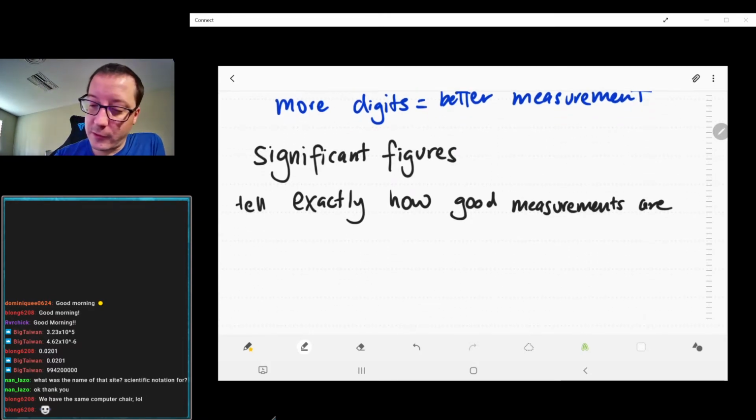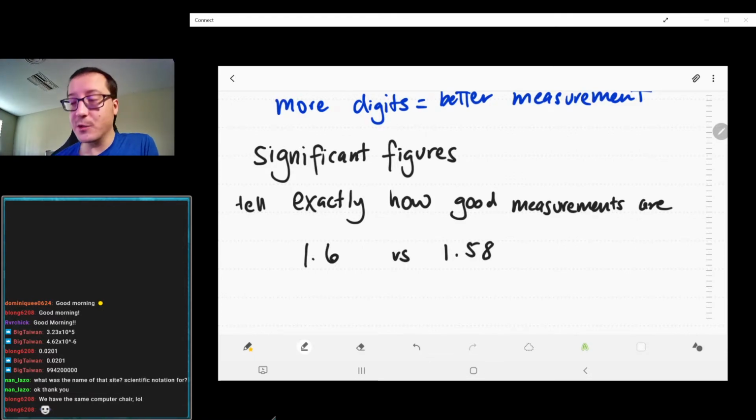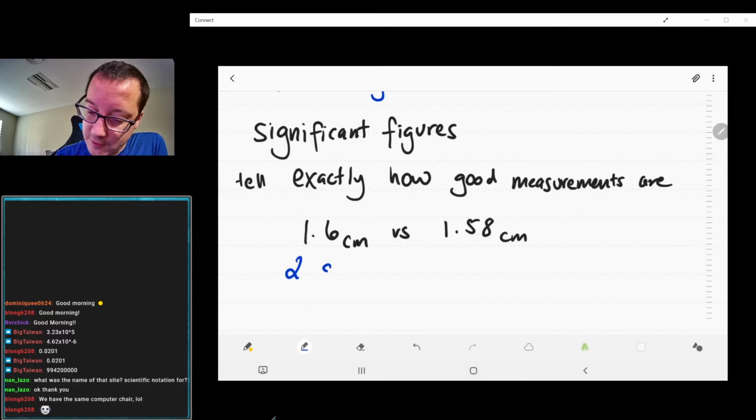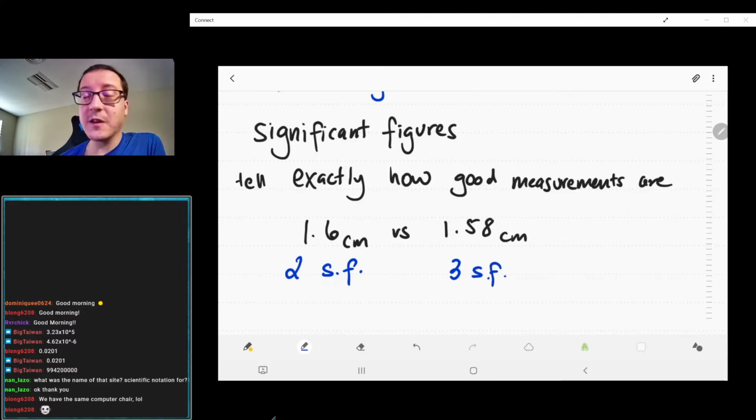So if we look at the numbers 1.6 versus 1.58, those were the numbers we got for our leaf or whatever it was. This one is going to have 2 significant figures, whereas this one will have 3 significant figures.